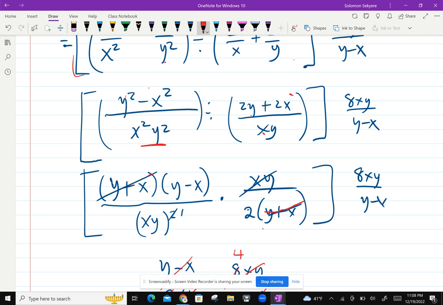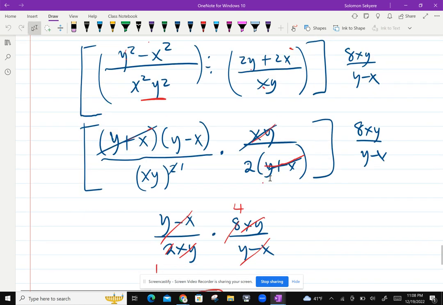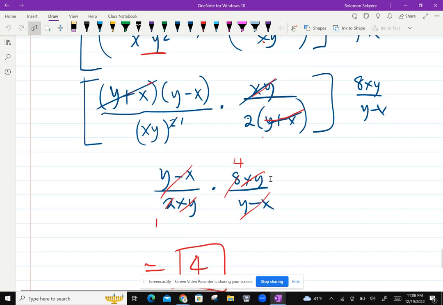This and that cancels. And then the x squared y squared, we did one earlier, it means xy times xy. So this will cancel one of them, right? And then we have xy left at the bottom. When we do that, we'll have y minus x over 2 times xy.